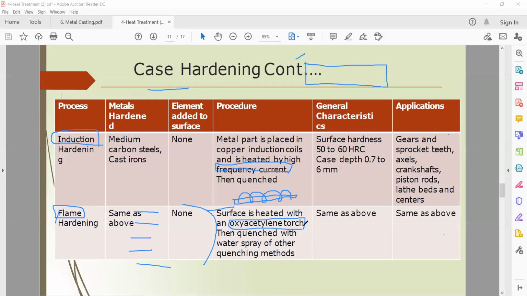So you have to use that torch to produce the flame, and then using that flame you have to heat that particular surface of the metal. Then you have to do the cooling process for all the cases, right? So these are called case hardening. Do you have any doubt?